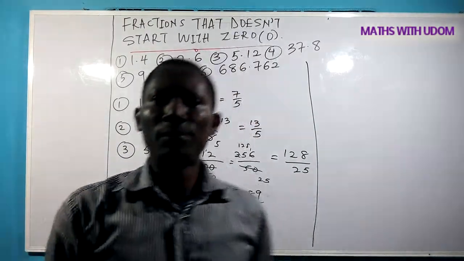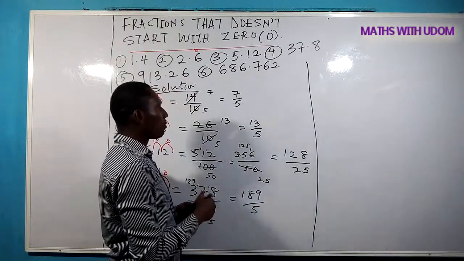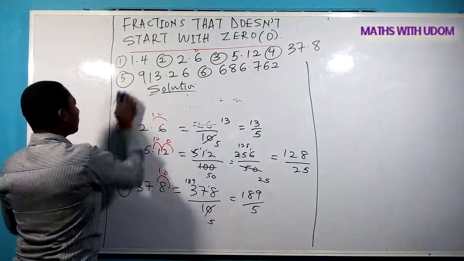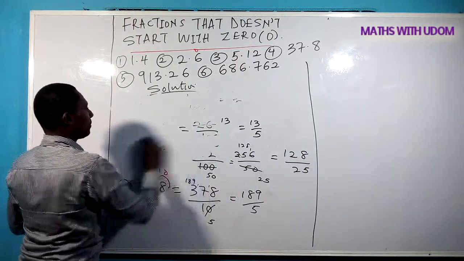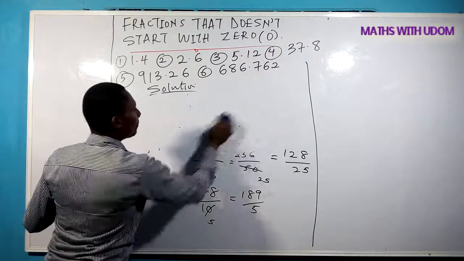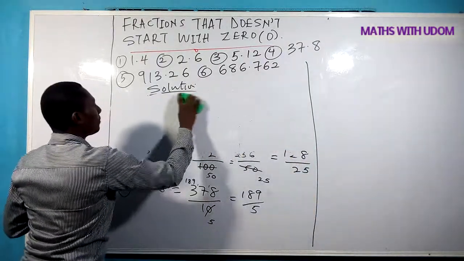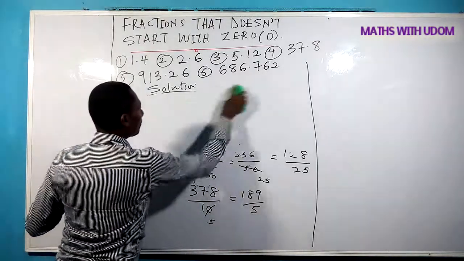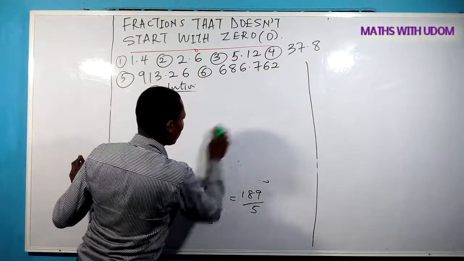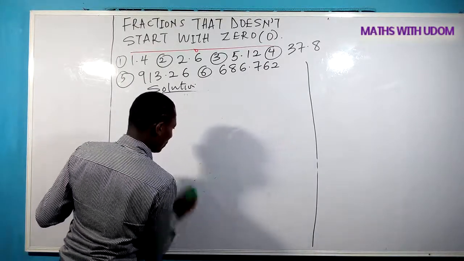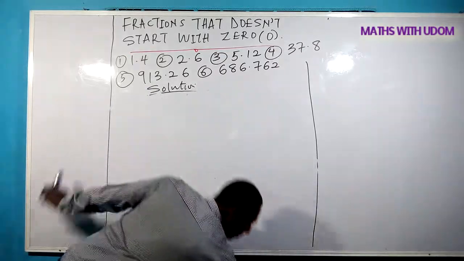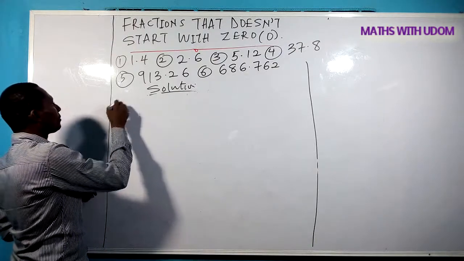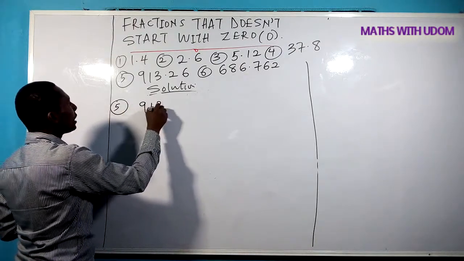Sorry for that. Let's move to the next example. Let's clean this side because of space. Okay, so let's move to number 5. We have 913.26.